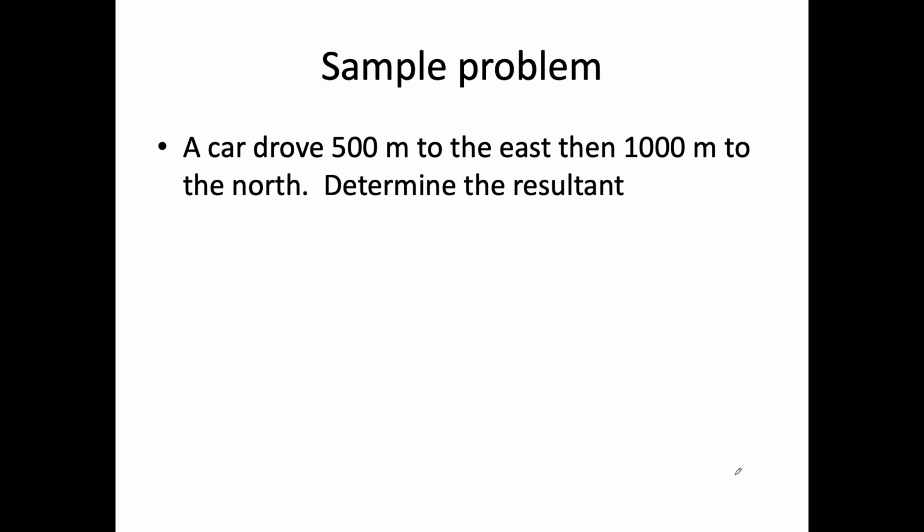So we're going to have a sample problem here. I think you got this as part of sample set A. We drove 500 meters to the east and then 1,000 to the north. My vector's a little bit wobbly.